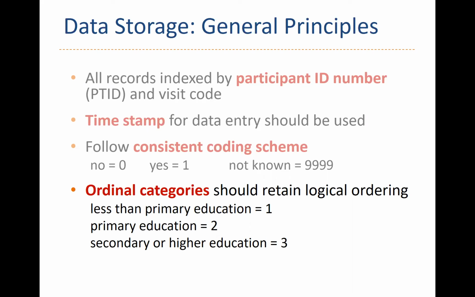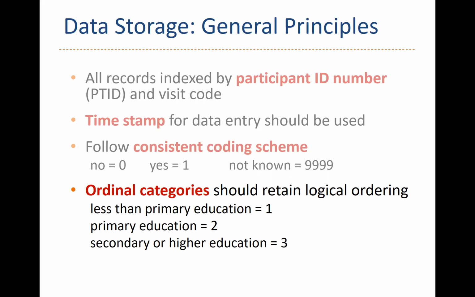Even for nominal values where there isn't a logical ordering, if I have 0 for no, 1 for yes, and 2 for not known, and now I want to say yes, no, maybe, and I want that maybe to be a value of 2, then I've got a problem, because all those 2s that previously were coded as not known now mean maybe.